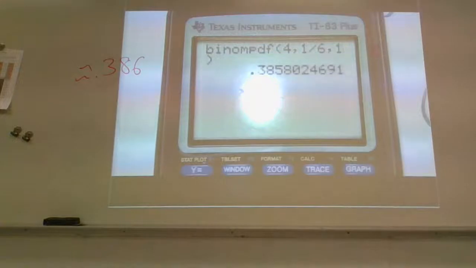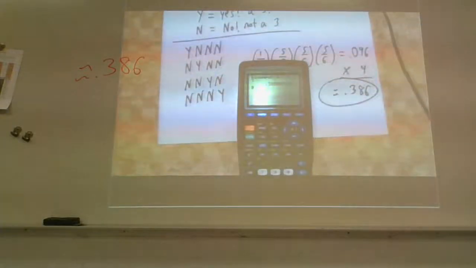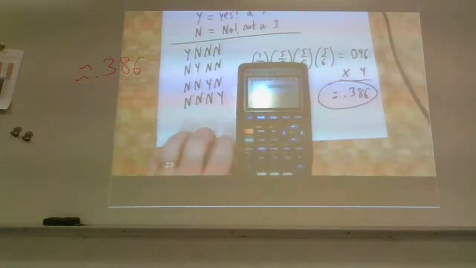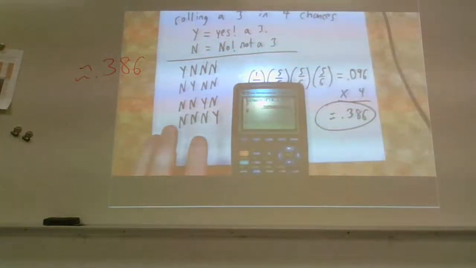Hitting enter, there it is. If you can learn how to utilize this function correctly, depending on the question that's being posed, then you don't have to do any of this legwork that I have written on the page. Instead, you can just utilize the graphing calculator.